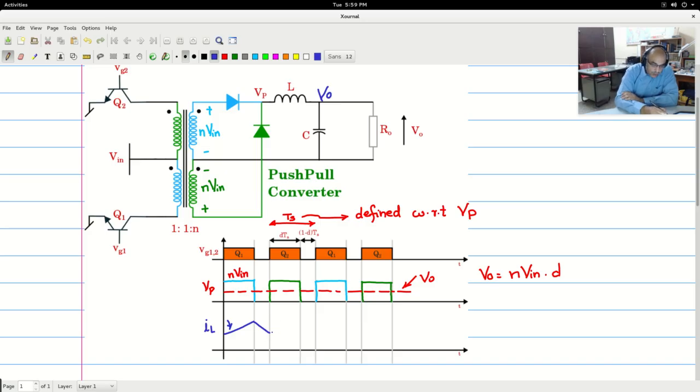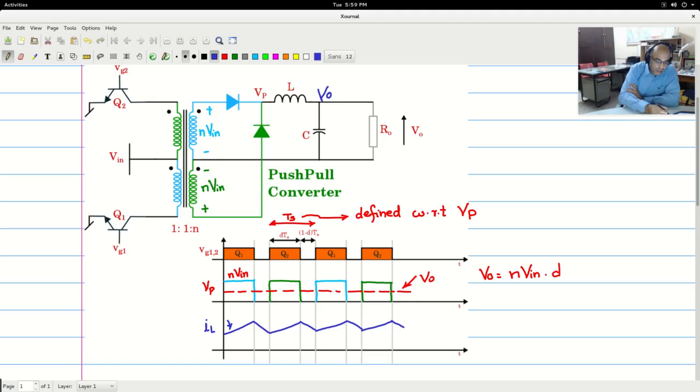Then again Q2 is on, the green portion of the circuit is active, and NVin is applied at the pole Vp, and it will again rise up with the rate of NVin minus V0 by L. Then it will fall down, and when it is falling down, it is at V0 by L rate, and this keeps happening every cycle.